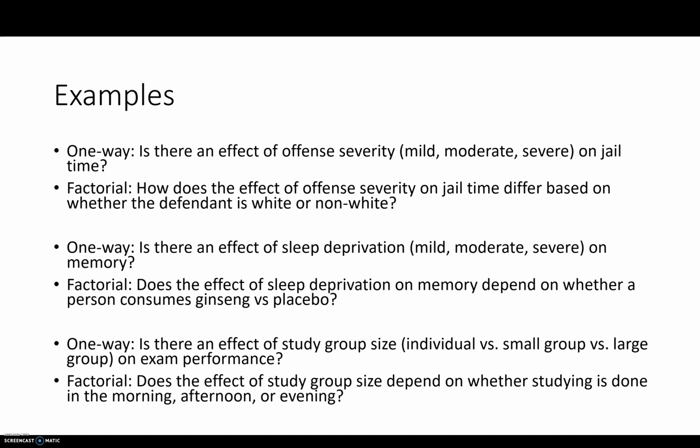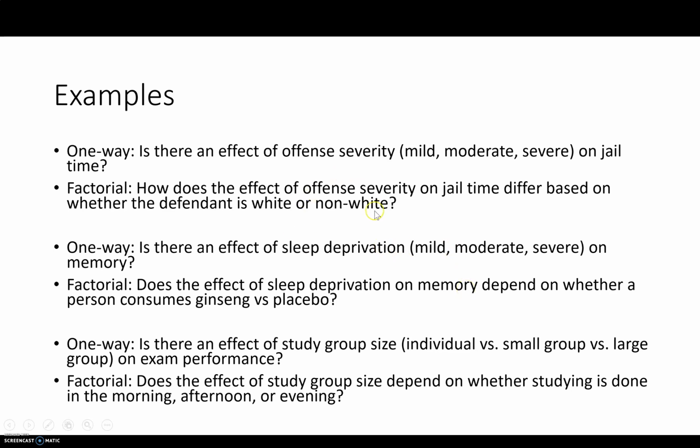Okay, and we hope that that's true, right? We hope that there are different jail times in each of these three groups. But that might not be a particularly interesting question. If we add another independent variable, then this may become a much more relevant or novel question that you could ask.